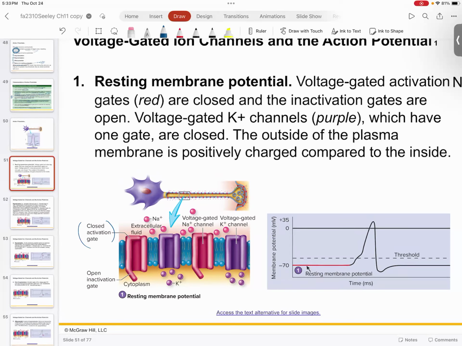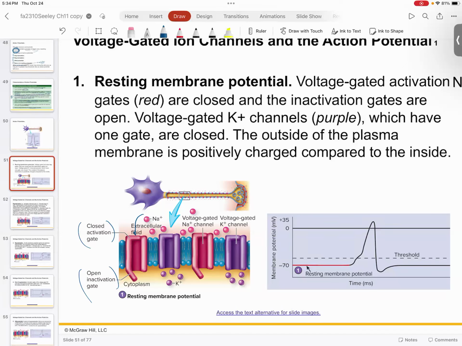That gate is closed. The inside, the inactivation gate, is open. Because you've got a two-gated system, sodium is not flowing, because it can never get through this closed activation gate. That prevents the inflow of sodium.